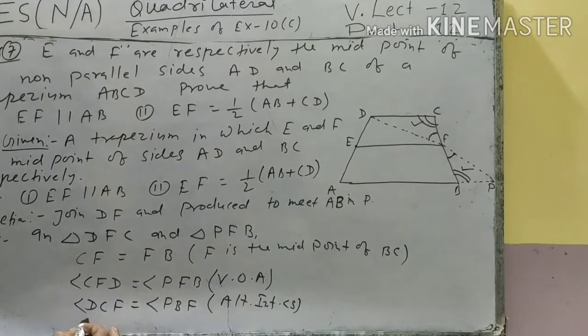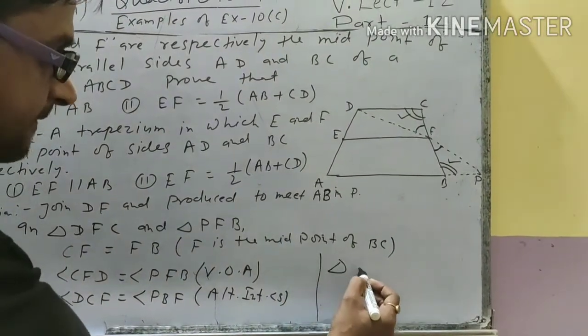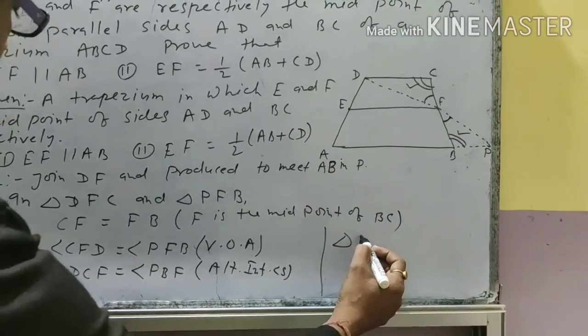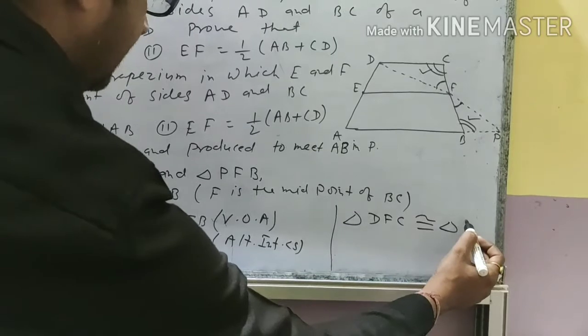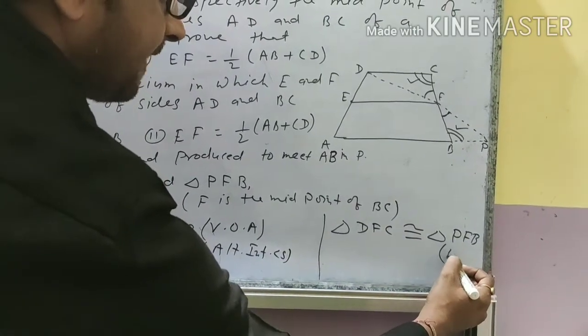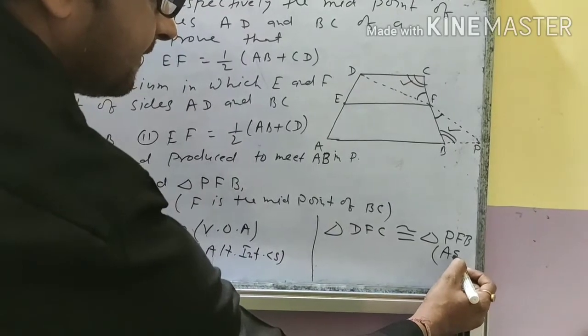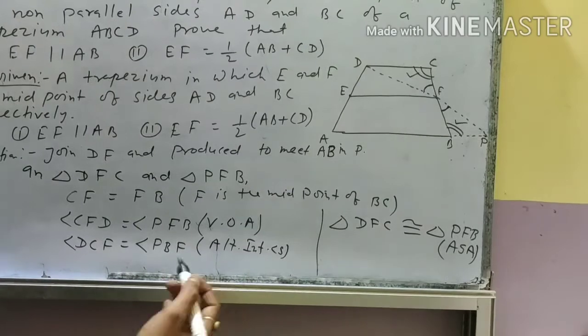So here, student, triangle DFC is congruent to triangle PFB. The reason is angle side angle. By the angle side angle property, these two triangles are congruent.